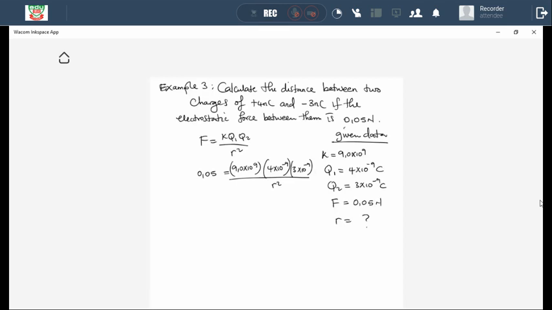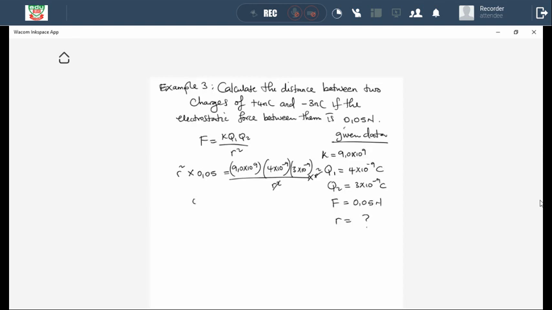If you have not been doing pure maths, I want to encourage you to do pure maths, because it is very close to physics and physics becomes easier for you. So we know that in maths, whatever you do to the right hand side, you must also do to the left hand side. So I want to multiply both sides by r squared so that I get rid of the fraction. You multiply both sides, and this one and this one cancel out.